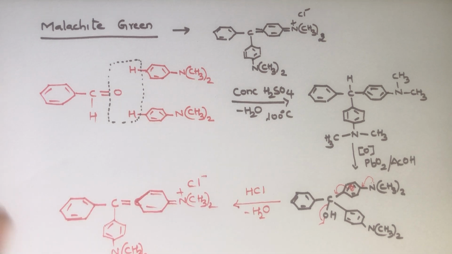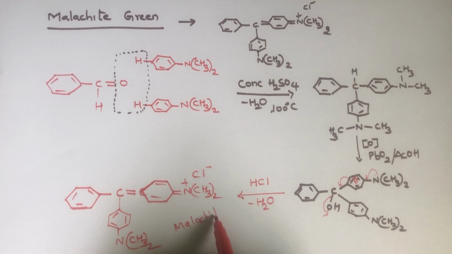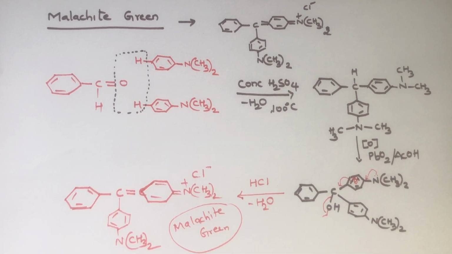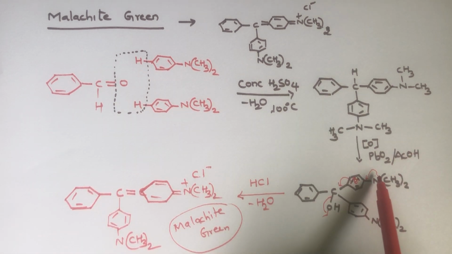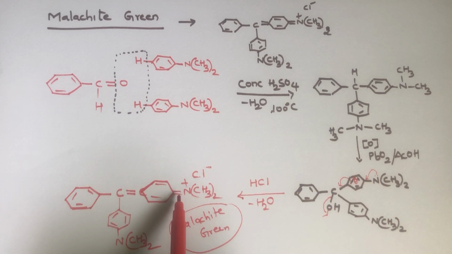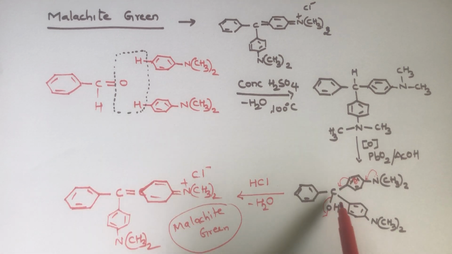Since we have added HCl, you add Cl minus. So this is the structure of malachite green. This is the preparation of malachite green. Here what happens is this lone pair shifts here and forms a double bond. Then this double bond shifts here, it forms a double bond. This double bond shifts here and forms a double bond, and this OH goes off. So this is how malachite green is prepared.